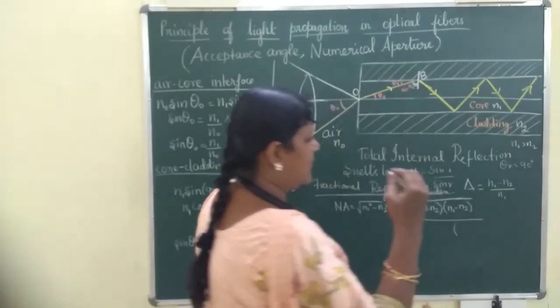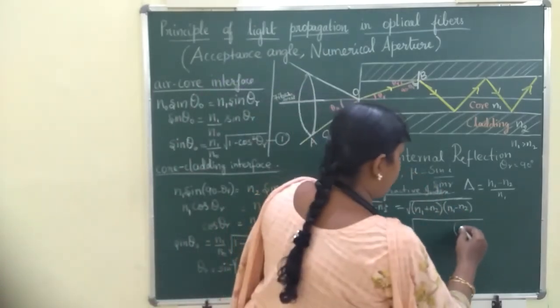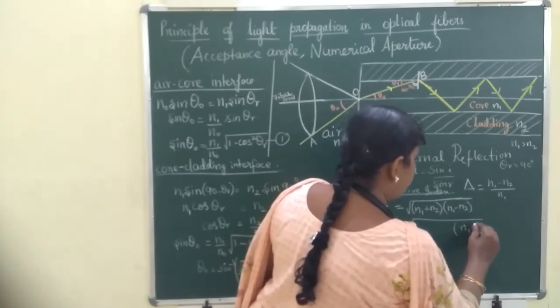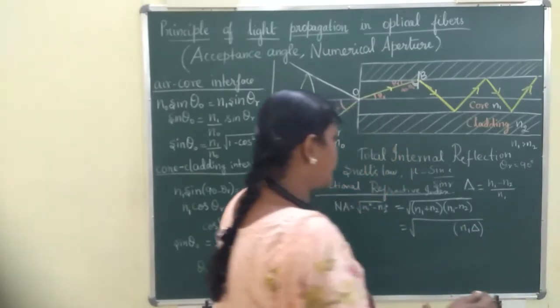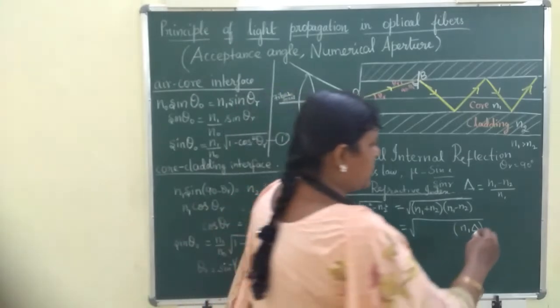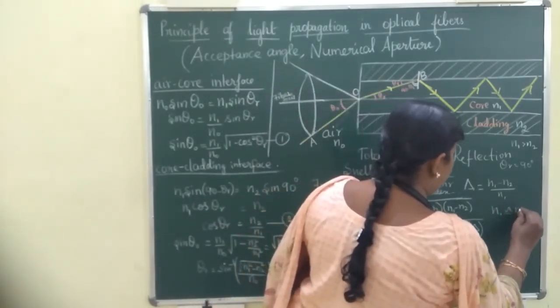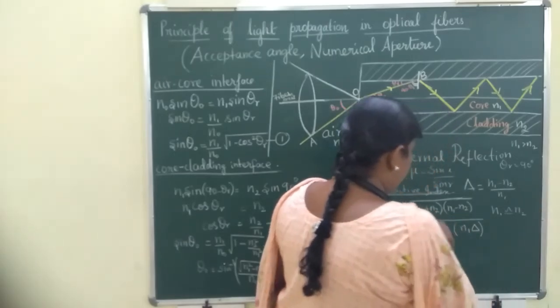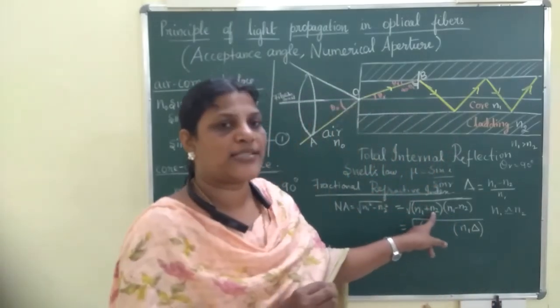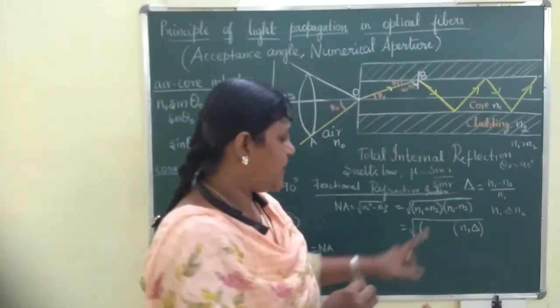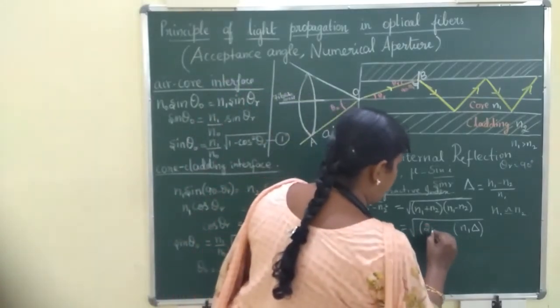Instead of n1 minus n2 we need to write n1 delta, and I am going to take one approximation: if n1 is approximately equal to n2, then n2 க்கு பதிலா n1 ஐ சப்ஸ்டிட்யூட் பண்ண போறேன். So n1 plus n1 வந்து 2n1.